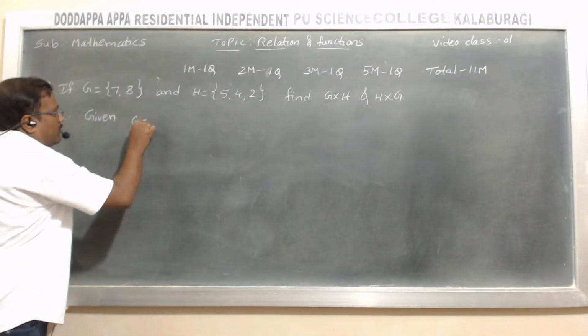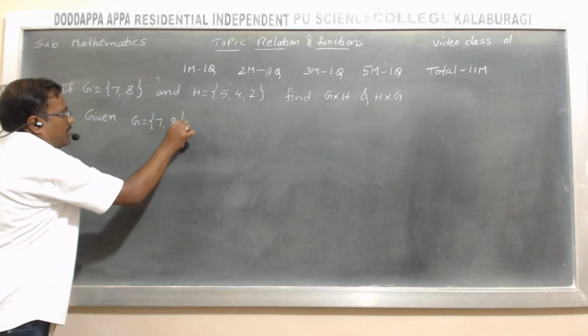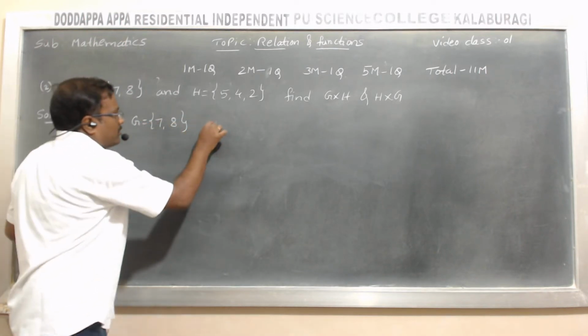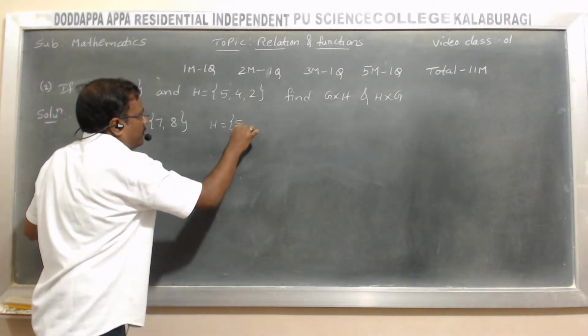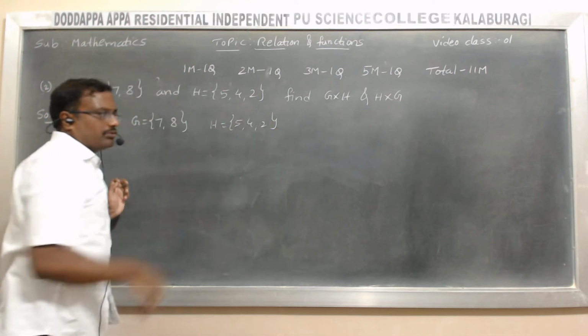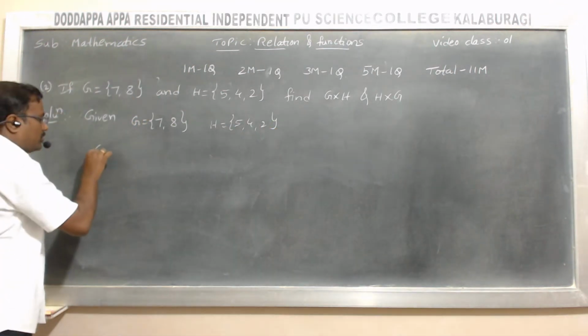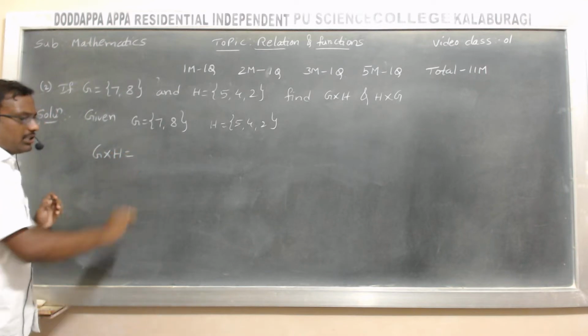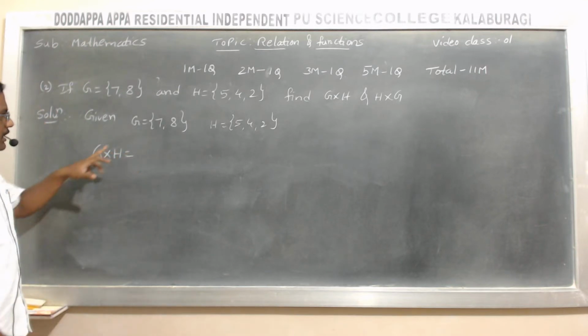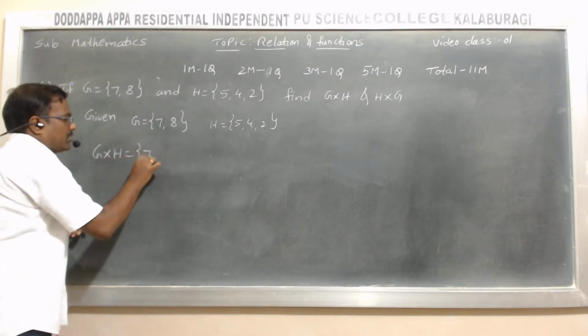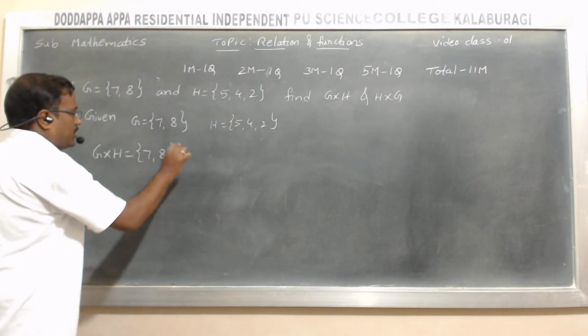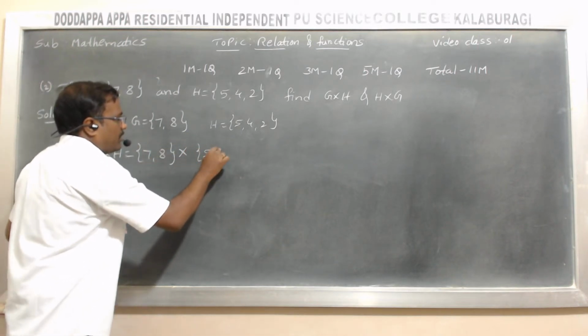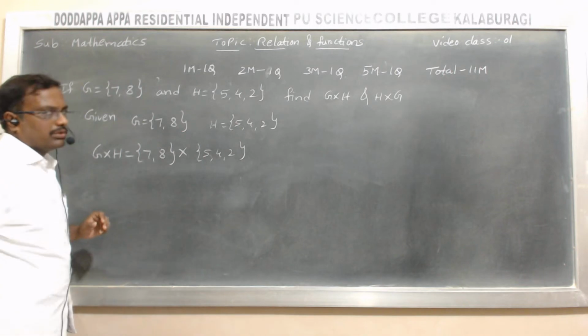First G is equal to what? {7, 8}, and H is equal to what? {5, 4, 2}. Then you have to find out G cross H first. What is the given here? G set {7, 8}, H set {5, 4, 2}.